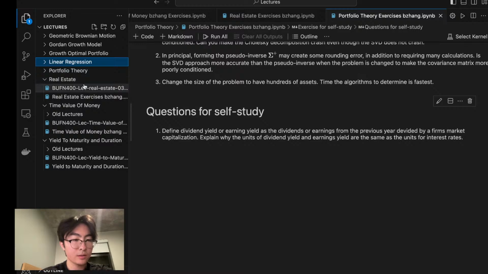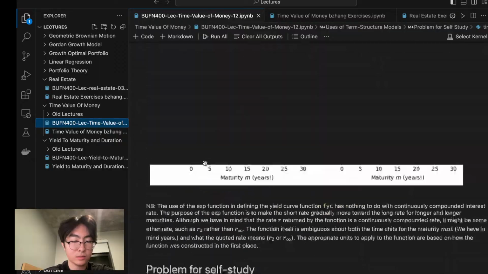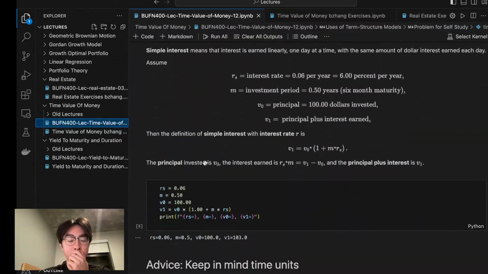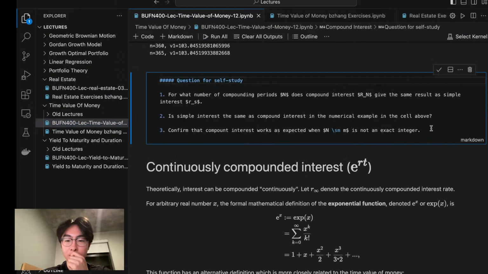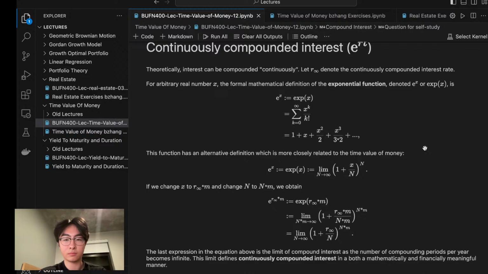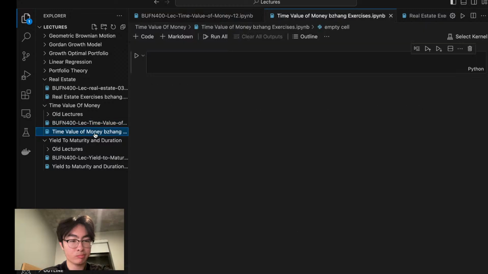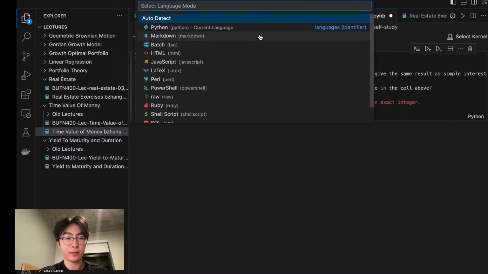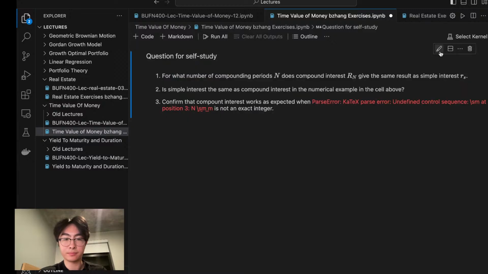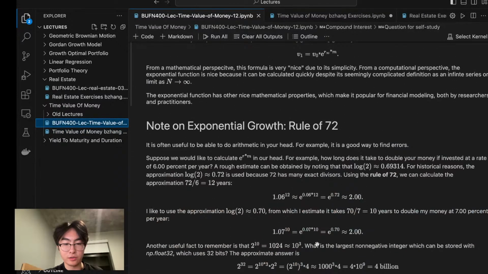Capitalization. Okay. Time value of money. You know, okay, the rule of 72.